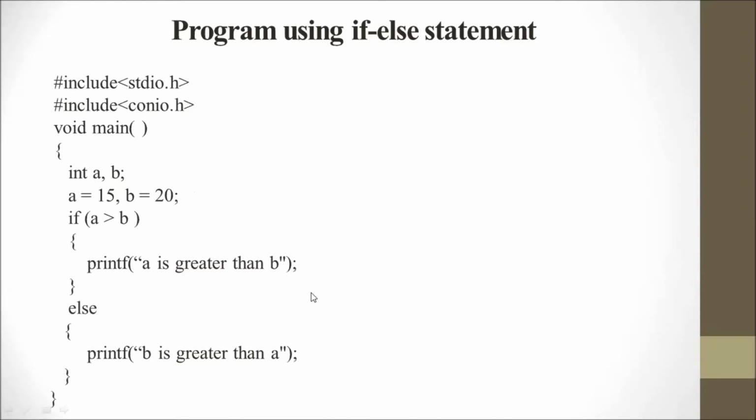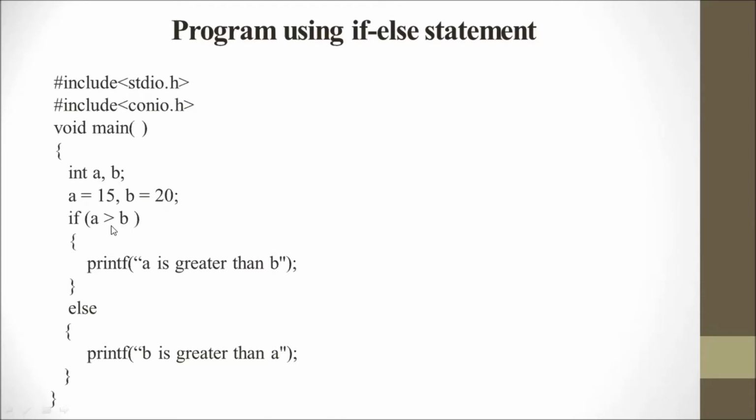So this is an example related to the if else statement. Here we use a and b, two integer type variables, and assign a equal to 15 and b equal to 20. So we store 15 in a and 20 in b. Here we compare whether a, 15, is greater than b, 20.